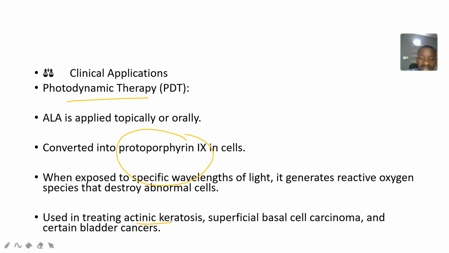So for actinic keratosis, superficial basal cell carcinoma, and some bladder cancers, it goes into your body, then they give some light. Photodynamic therapy uses drugs and light. It reacts with light, then it's like a bomb. It will explode and destroy the bad tissues there.